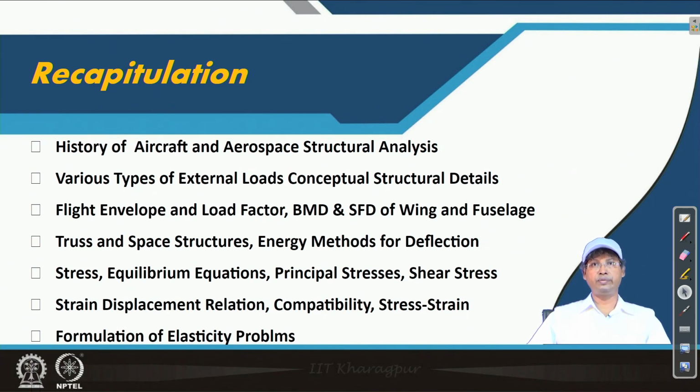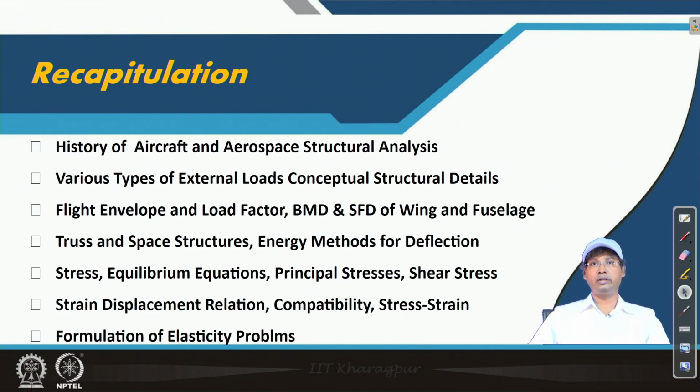From there we saw how different parts like the wing, landing gear, tailplane and tail assembly experience different types of loads, and the fuselage experiences different loads.